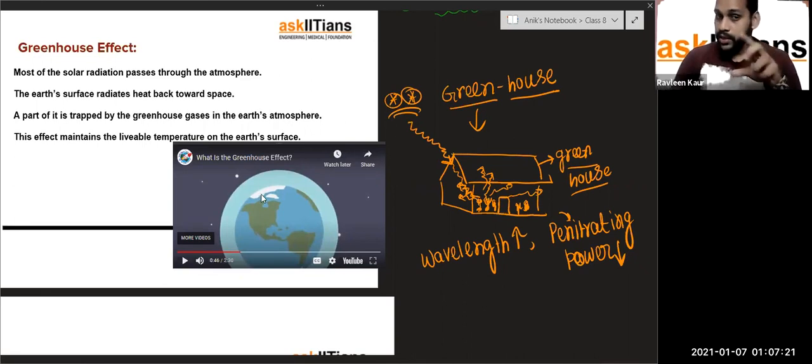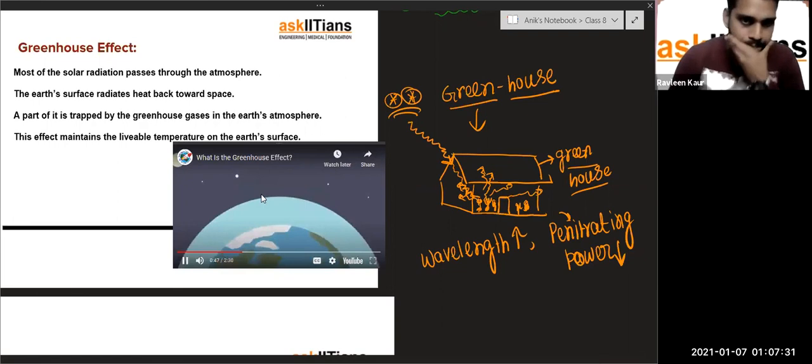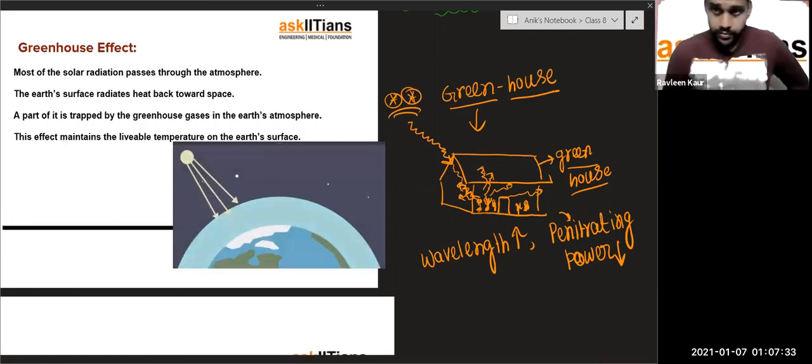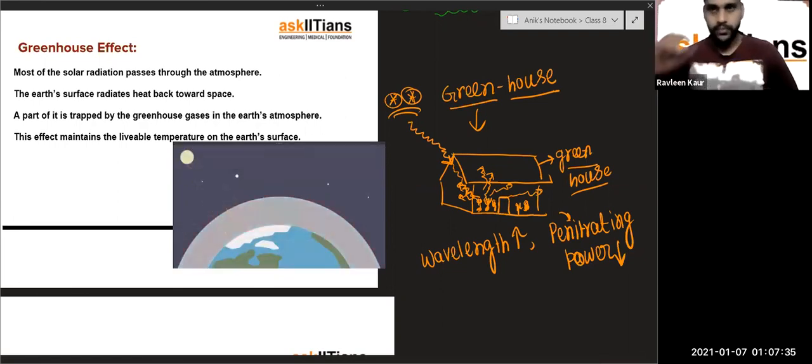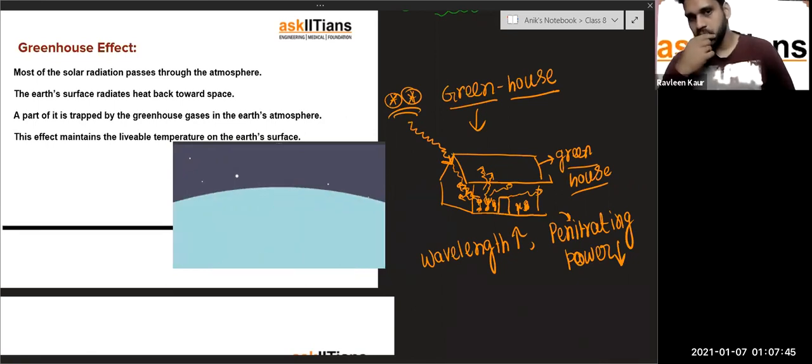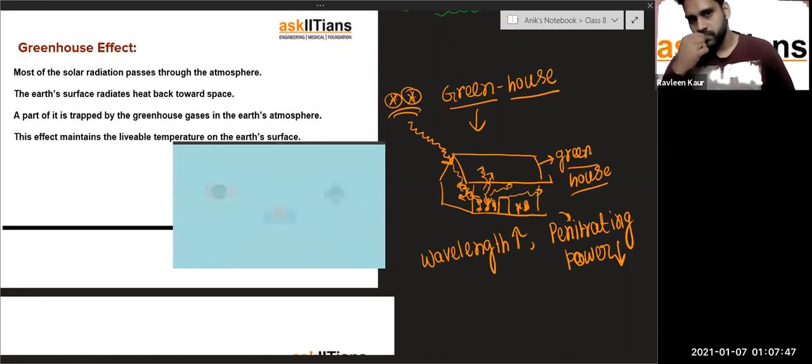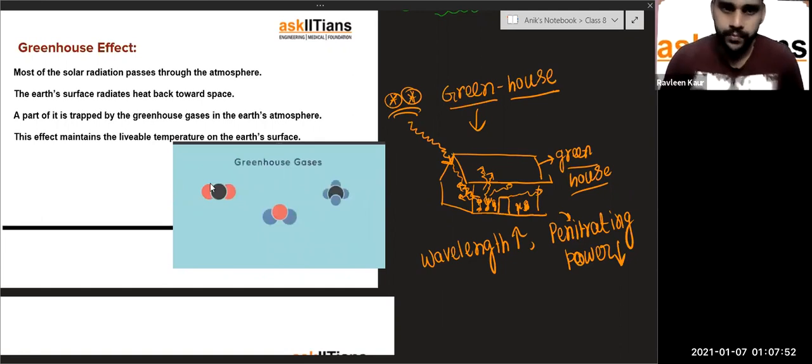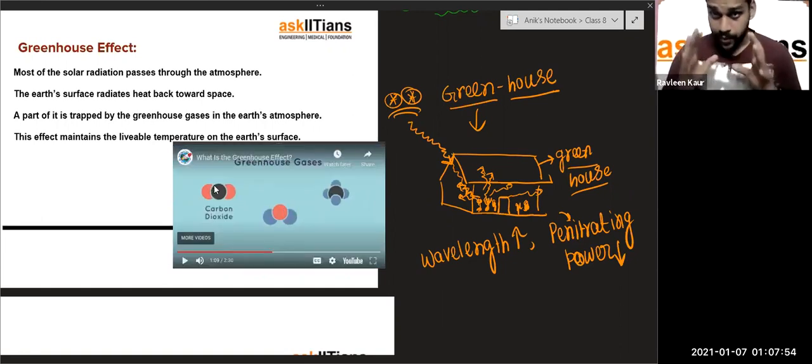Earth is surrounded by some sort of gases. Those are called the atmosphere. So what is happening?